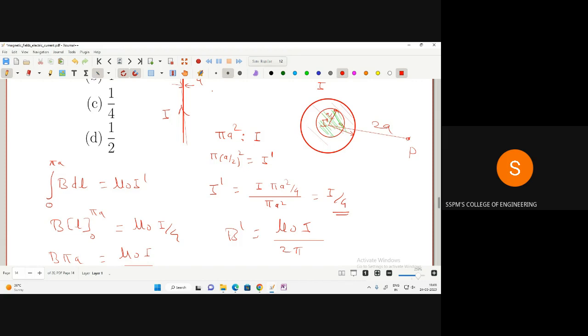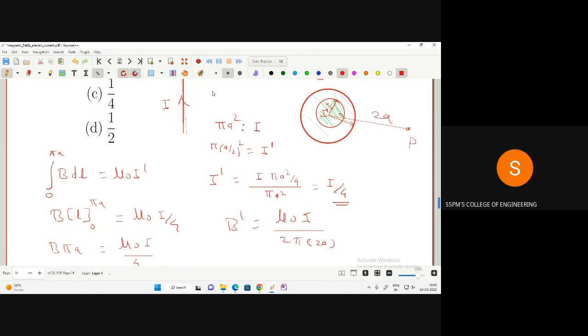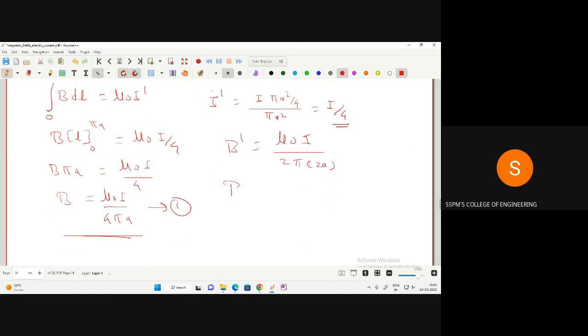Distance किती आहे? 2a आहे. हे सॉल्व केला तर B प्राइम काय येतो बघा. B प्राइम is equal to mu 0 I divided by 4 pi a येणार. Are you getting? So, equation number 2.